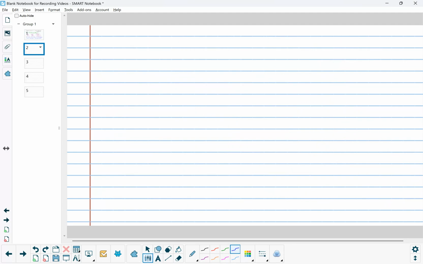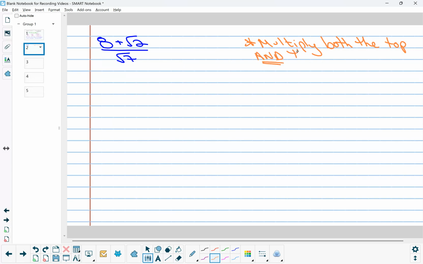First, we'll deal with something like, we'll take that 8, we'll do exactly what I just had over there, 8 plus radical 2 over radical 7. All right, so if you have only one term in the denominator, your strategy is going to be to multiply both the top and the bottom by the radical value in the denominator.